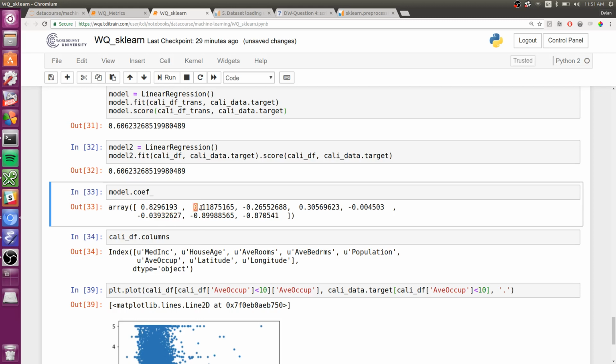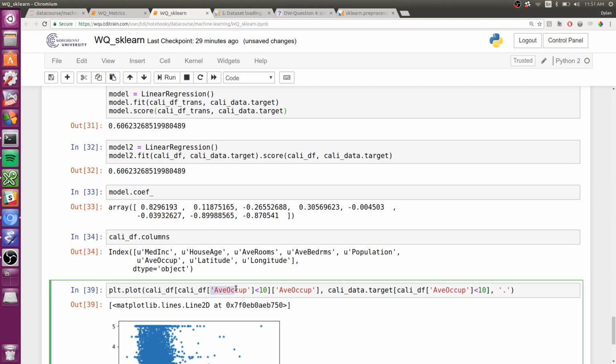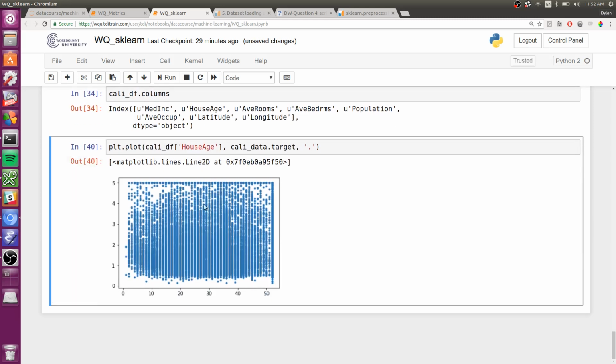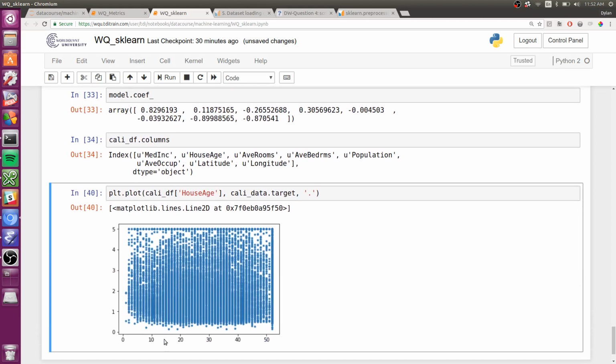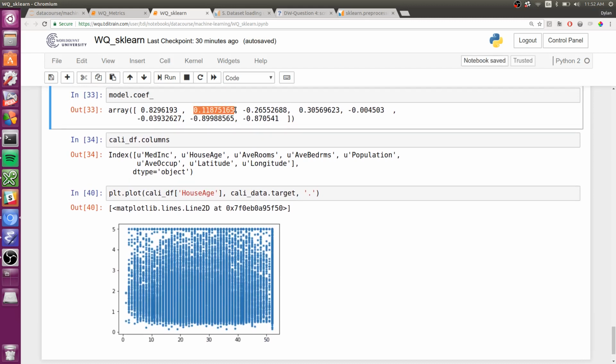Another small one is house age. If we look at house age, we also see random scatter there. So there's not much impact of house age on the predicted values.